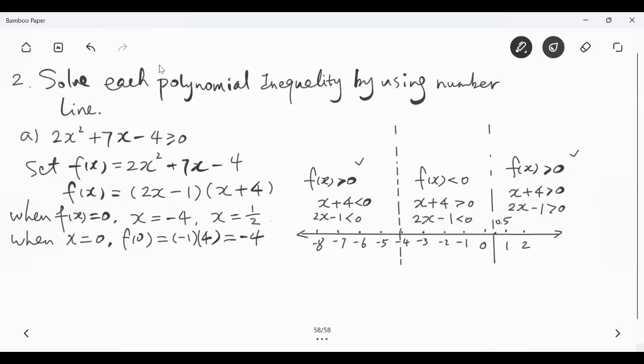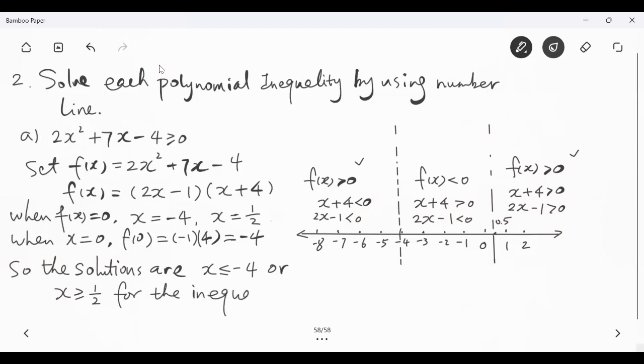So we get the solution: x less than or equal to negative 4, or x more than or equal to 1 over 2, 0.5 for the inequality 2x squared plus 7x minus 4 more than or equal to 0.